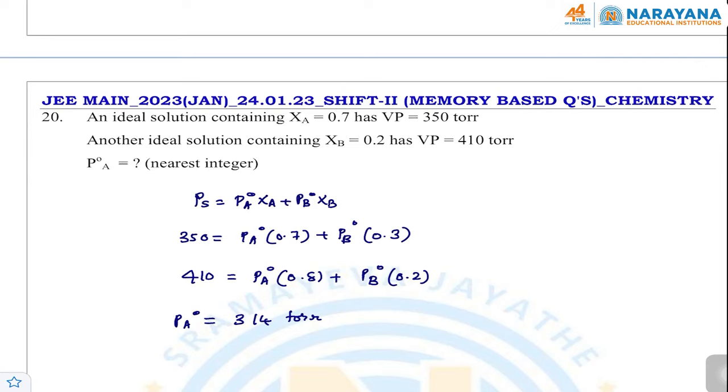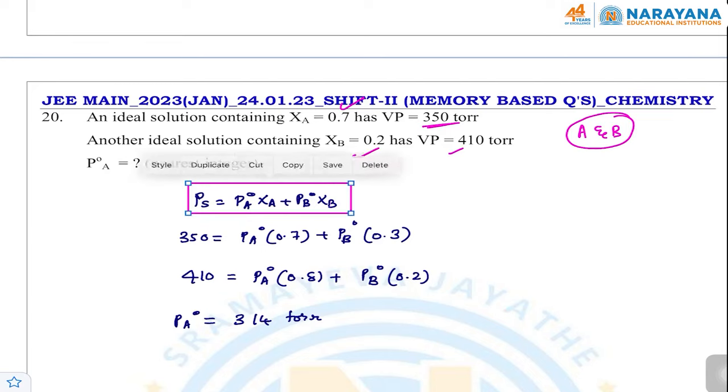The next question, an ideal solution containing A and B. Mole fraction of A is given 0.7, and vapor pressure is given. Mole fraction of B is given 0.3, and vapor pressure is given. You can apply this simple formula, that is Raoult's law. Total vapor pressure is the sum of the vapor pressures of the 2 components.